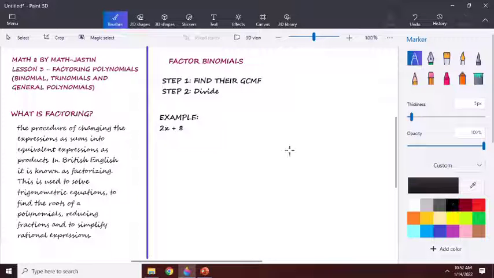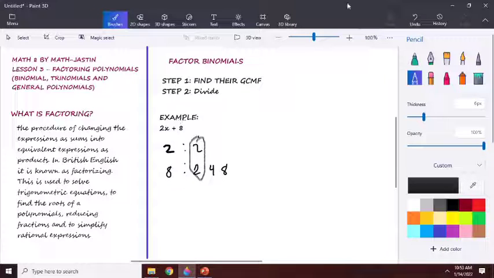We have 2 and 8. What are the factors of 2? What are the factors of 8? We have 2, 4, 8. So what is their GCF or GCMF? It is 2. So their GCMF is 2.